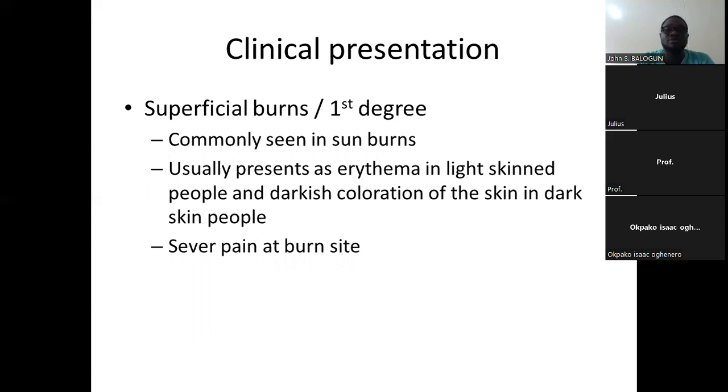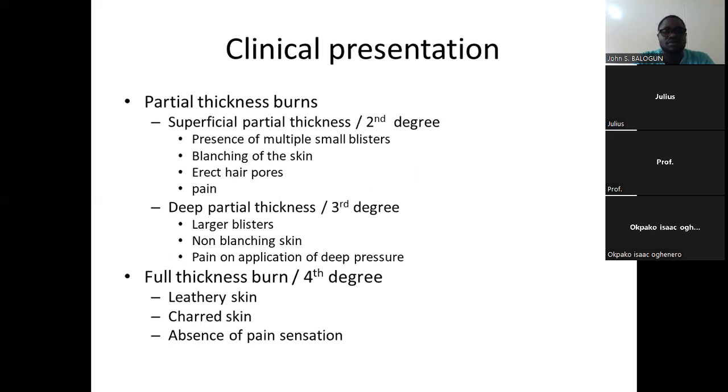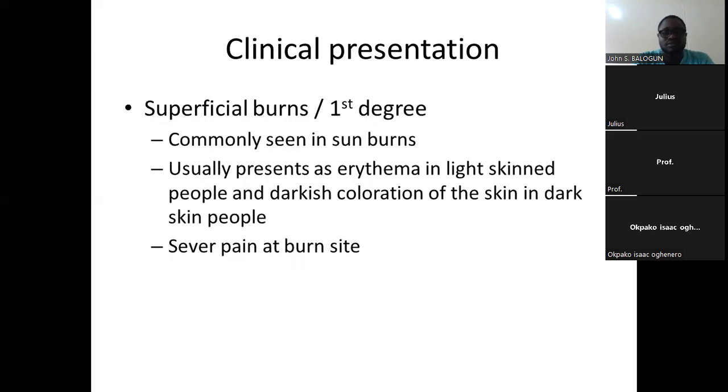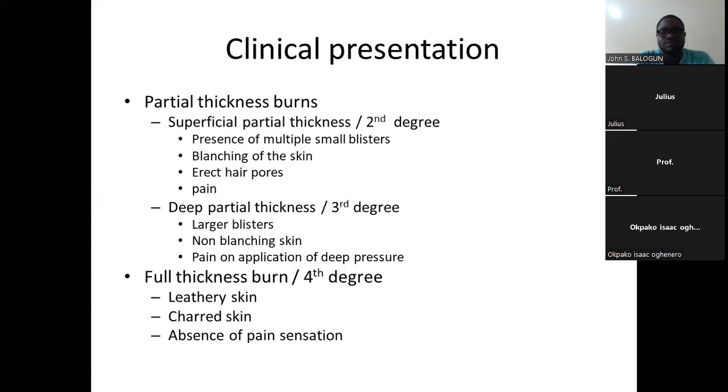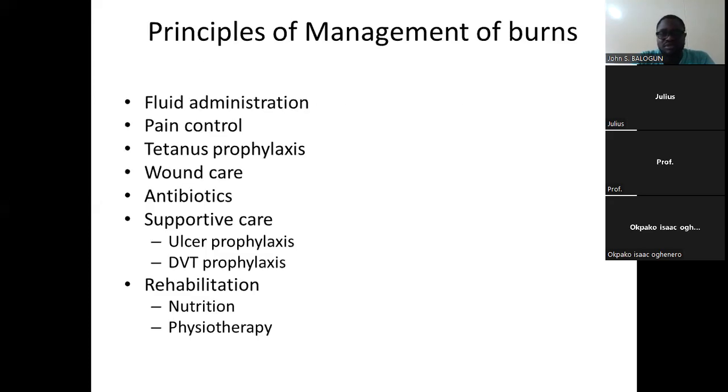I also said burn can be classified based on etiology into flame burn, chemical burn, electrical burn, contact burn, frictional burn, among others. Now there is still another classification of burn, where you can classify burn into major burn and minor burn. Are we communicating? Yes. Okay.